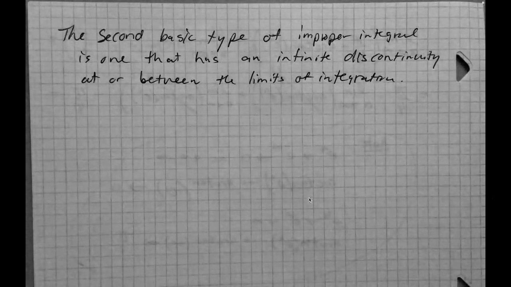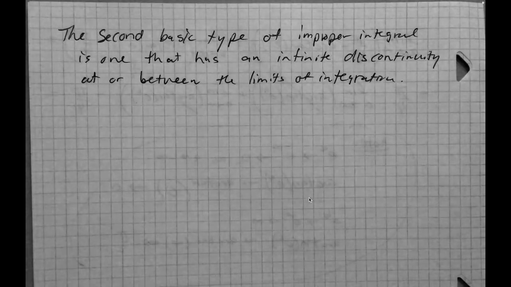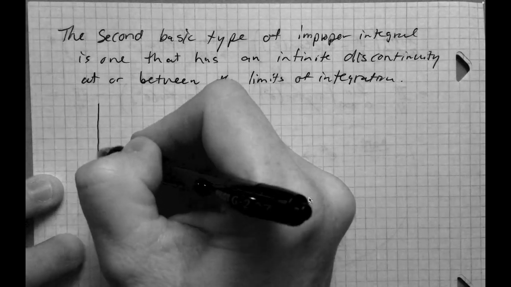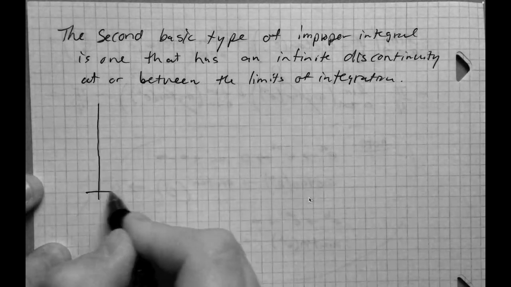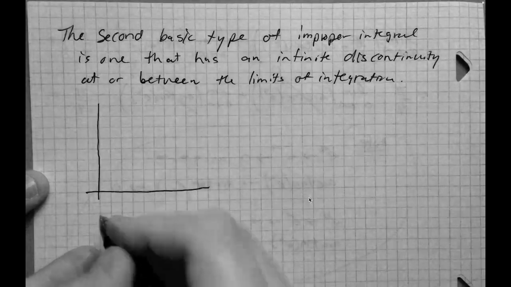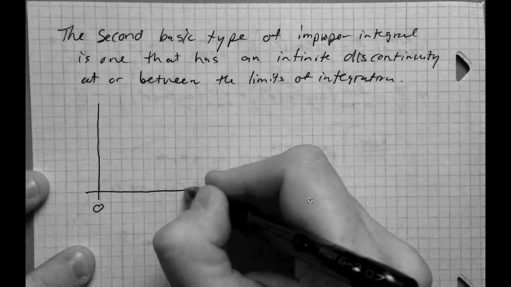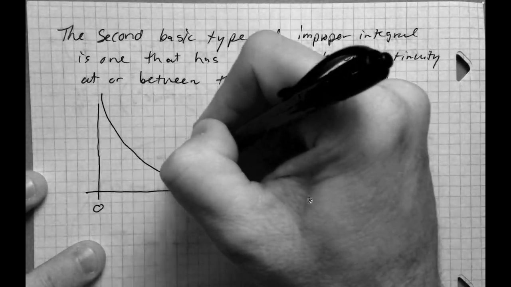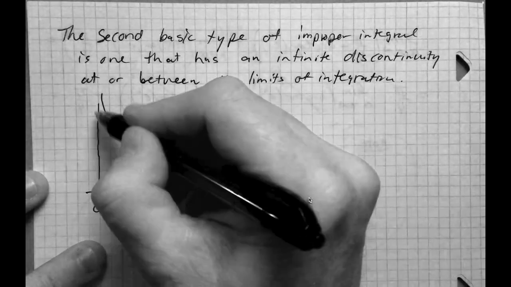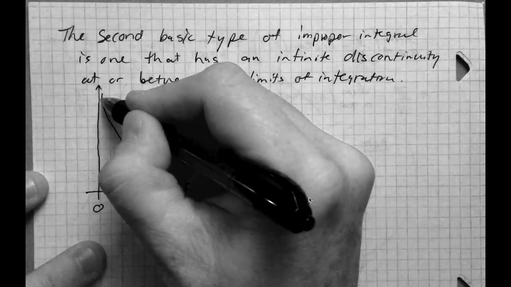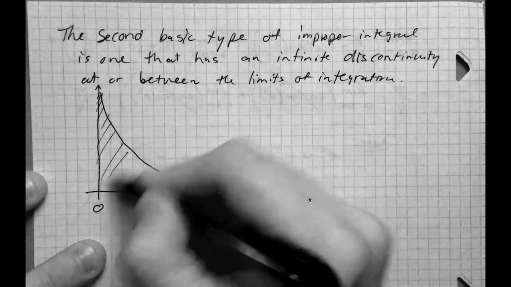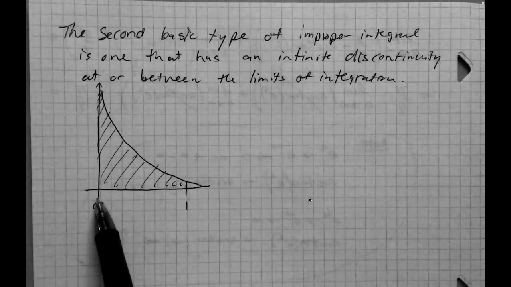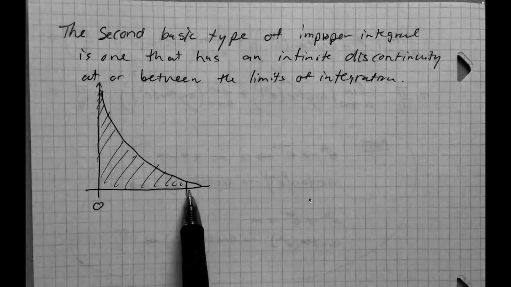Okay, so this is the second kind we want to look at. There's a couple of examples we could whip up. So here's an example. Say we want to integrate from 0 up to some number, we'll just say 1. You've got some function that is asymptotic at 0. Well, what you're being asked to do is to calculate the area from basically this asymptote up to 1.